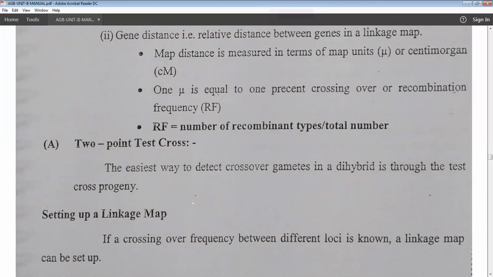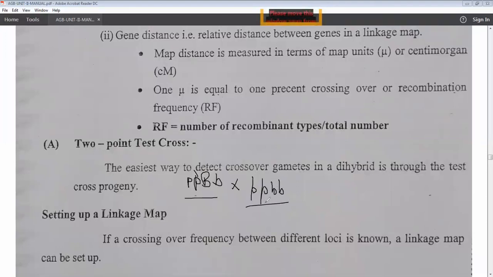Okay, in the Mendelian dihybrid cross, we say that if we are test crossing the hybrid, for example, this is the hybrid PpBb, and if we are doing the test crossing, sorry, with ppbb, okay, so this is the test cross.